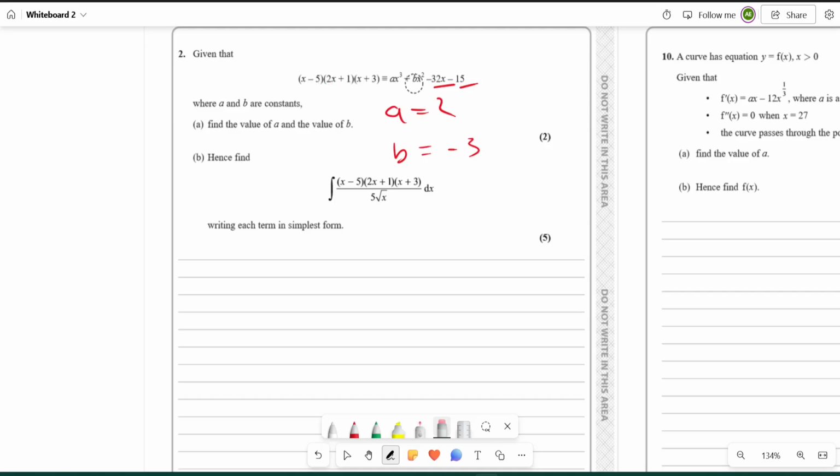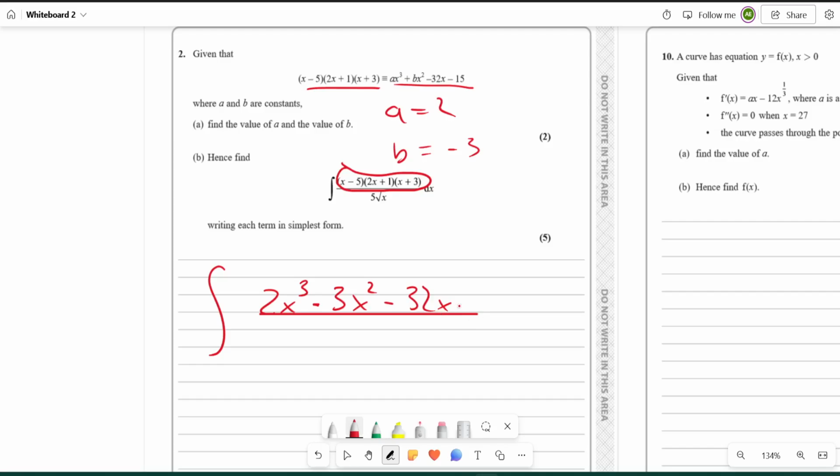So I know that this is basically my first expression, so I can rewrite it in this form, knowing a and b. This numerator is basically this, so it's going to be the integration of 2x cubed, I just found that, minus 3x squared minus 32x minus 15 all over 5 root x.